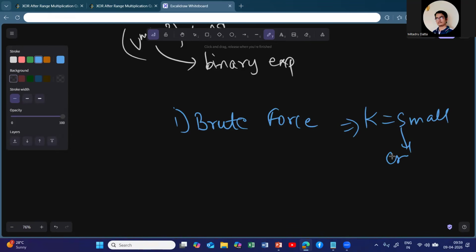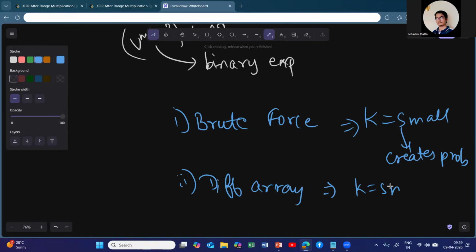And the other was the difference array method which we learned just now. It is for k small only. For k large, this creates a problem.